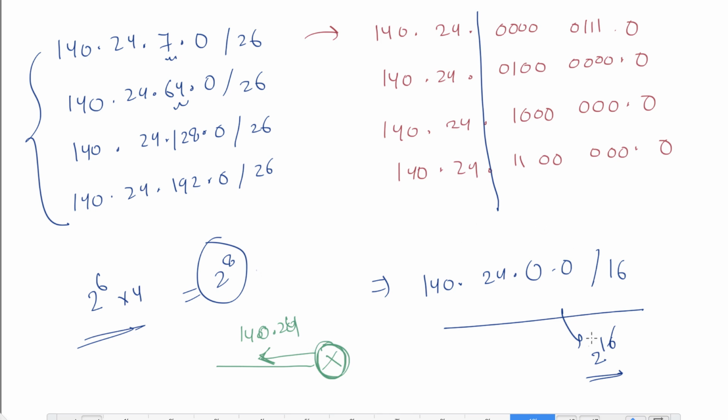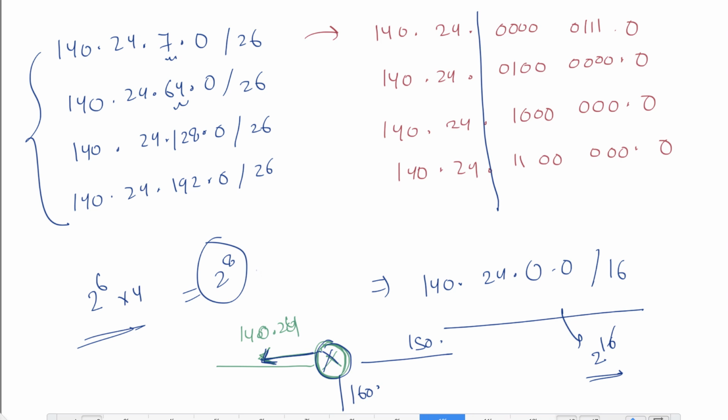I agree this network is huge, but with respect to this router, if let's suppose there are two options, something starting from 150 dot something and something from 160 dot something, then I can just say that if something is starting from 140.24, then you send packets in this direction. That's what I'm saying. I hope you got the idea.